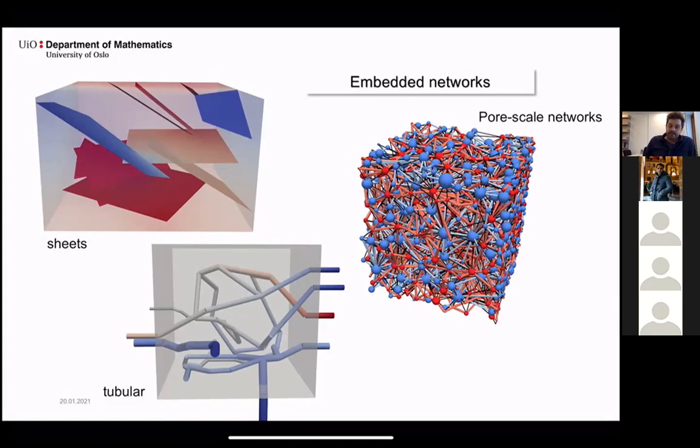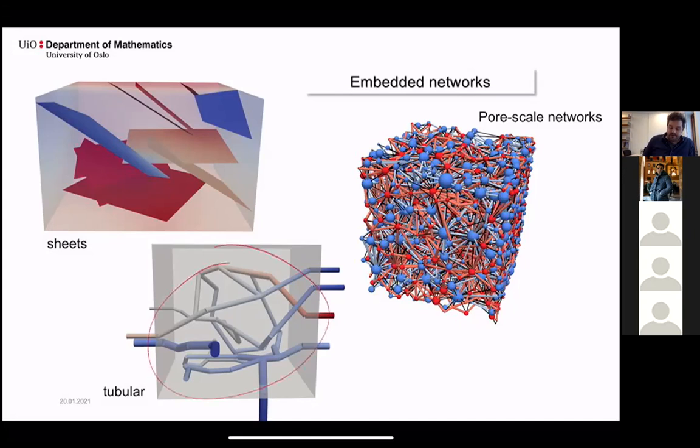And you can also look at the surrounding solid on that scale as a network, because it's basically on the same scale. Especially if you look at materials that have porosities of, I don't know, 50%, you're going to have very similar structures in the solid and the fluid. From a modeling point of view, you can view them both as interconnected networks.